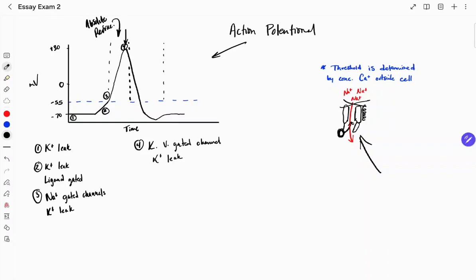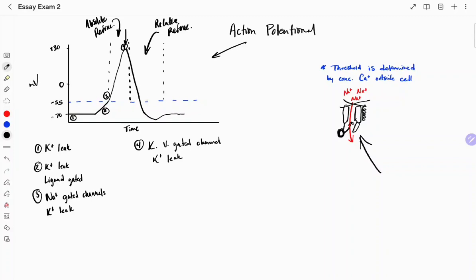Whereas in your relative refractory period, in between these dotted lines, this is where sodium voltage gated channels have reset, but the potassium voltage gated channels are still open.